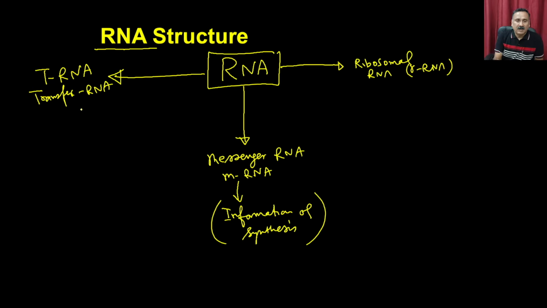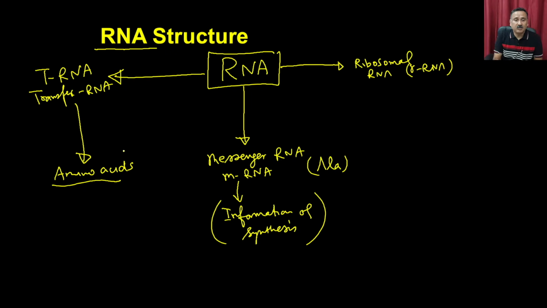Now you are going to need the help of the transfer RNA and the ribosomal RNA. The transfer RNA is going to bring the amino acids in the same sequence that is given here. So if it says bring the alanine, it is going to bring the alanine. If it says the methionine, then it's going to bring the methionine.